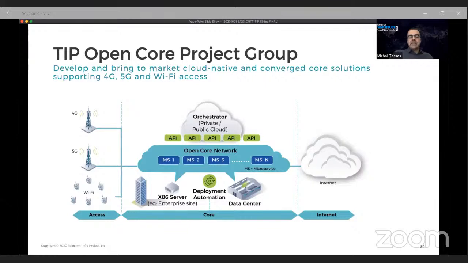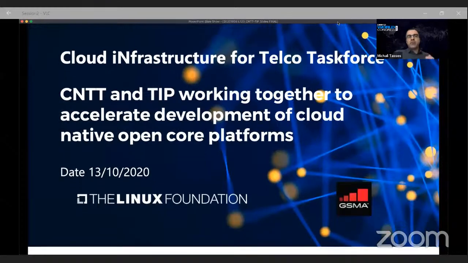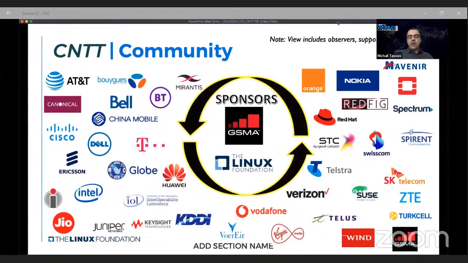The other thing is, looking specifically at the Open Core project that I'm co-leading, where we are right now in the journey is we started this project early in 2020, and we have just released our first set of technical requirements for a 5G core. These are publicly available, so you can get them from the TIP website. So our focus right now is on the implementation and on having actual solutions validated in the lab, right?